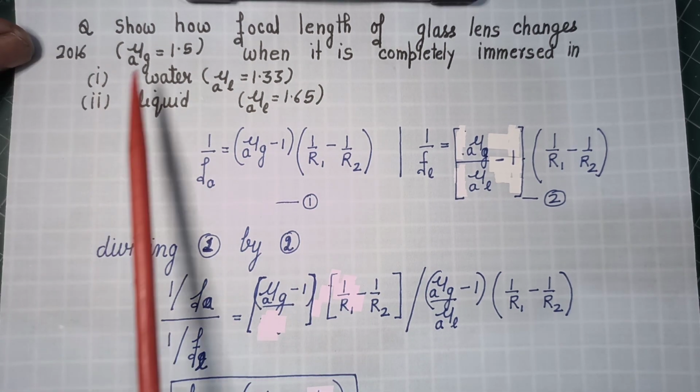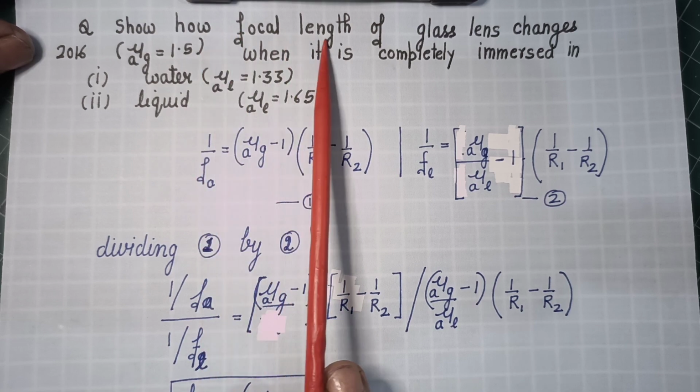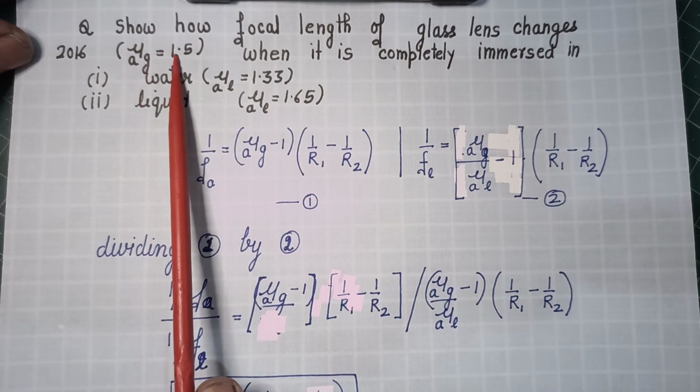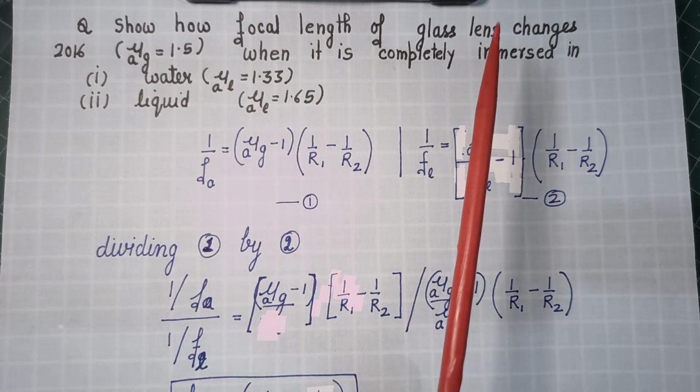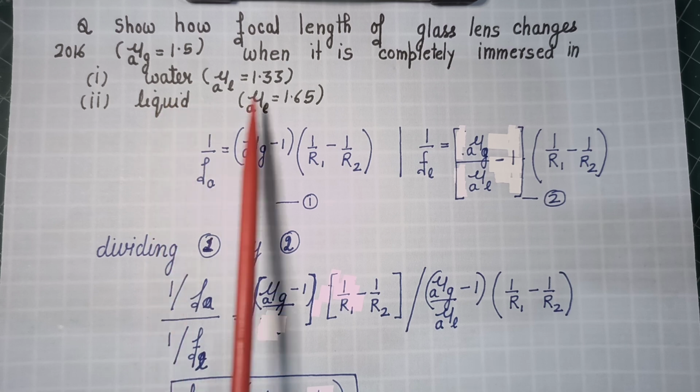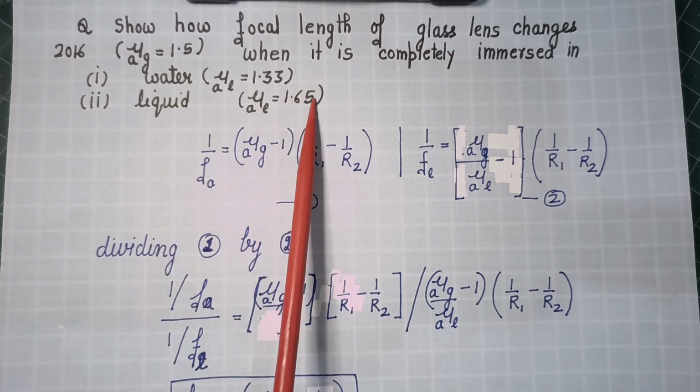In 2016 the question is: show how the focal length of a glass lens changes when the refractive index of glass is 1.5 and it is completely immersed in water with this refractive index, and in a liquid which has a refractive index more than glass.